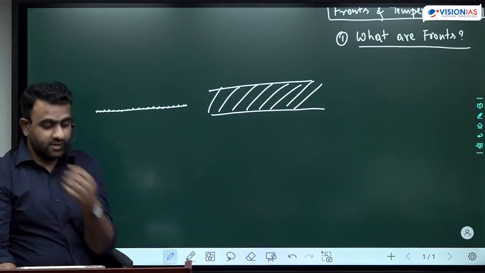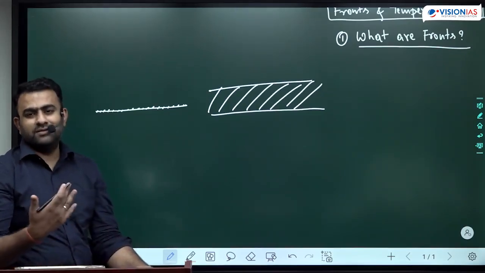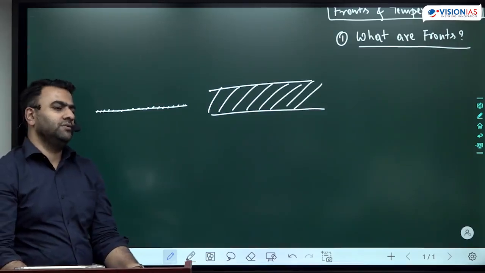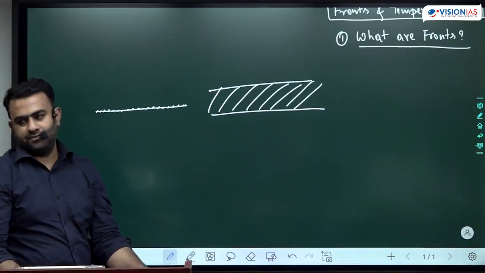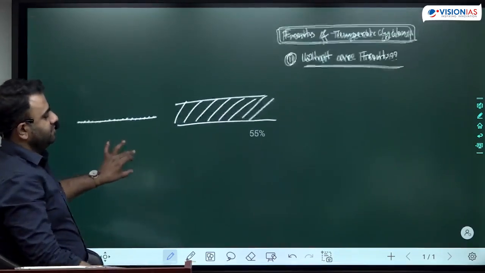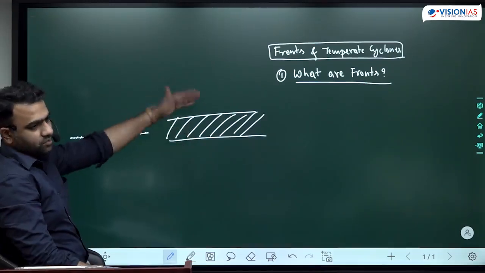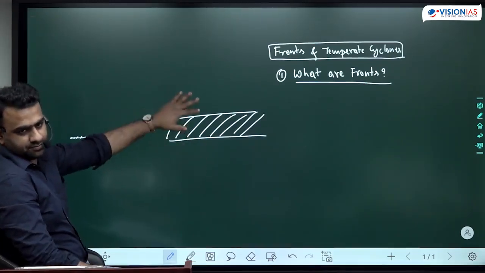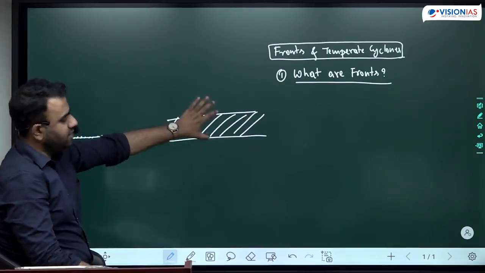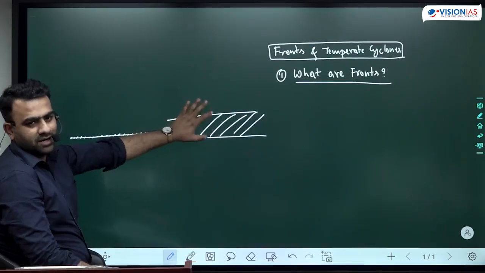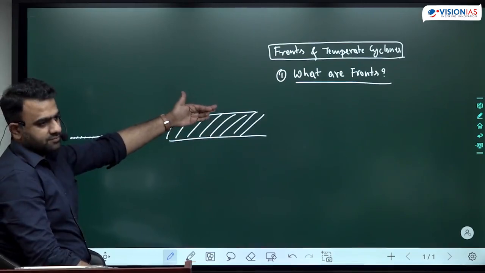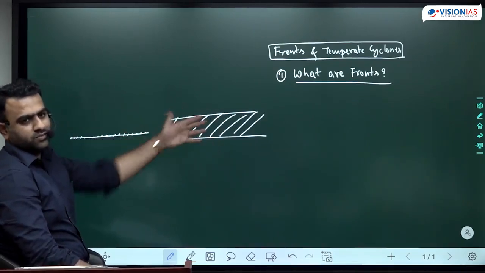Where there is a transition zone, where there is no very clearly cut line of demarcation, that is what is called a front. A front is a region which acts as a transition between two different regions. This is completely one area, this is completely another area. In between, there is no clear-cut demarcated area. There is a transition. The transition zone is what is called a front.